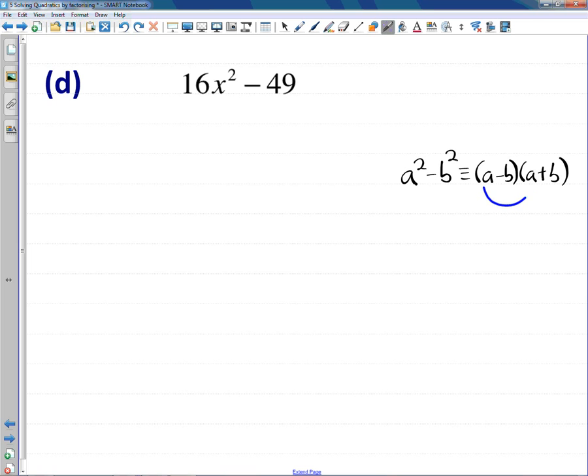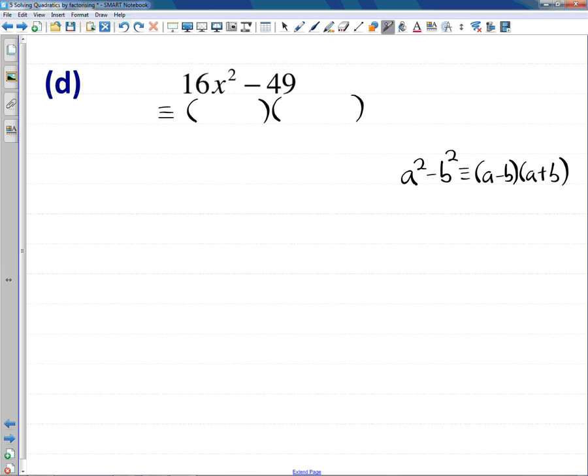We can check, there's our a squared, there's our b squared, and the signs were different, so it is a negative. And then if you go to the outer here, we get an ab, and the inner here we get a negative ab, which is why we get nothing in the middle. So when that is the case, it's actually an easy factorisation.